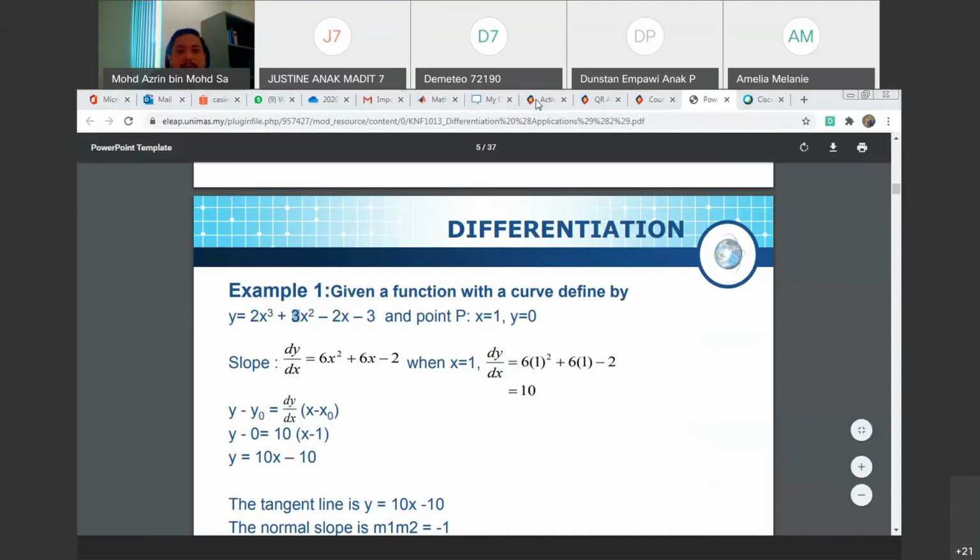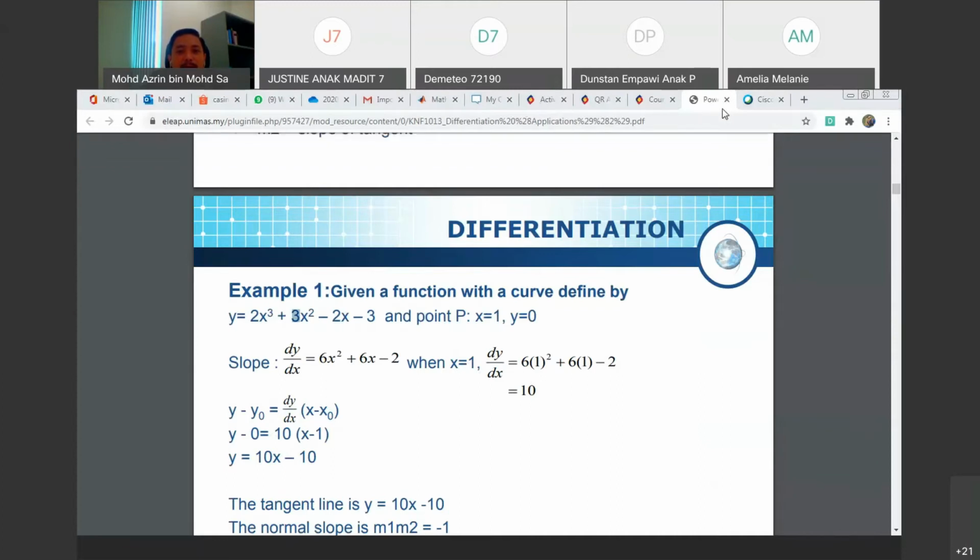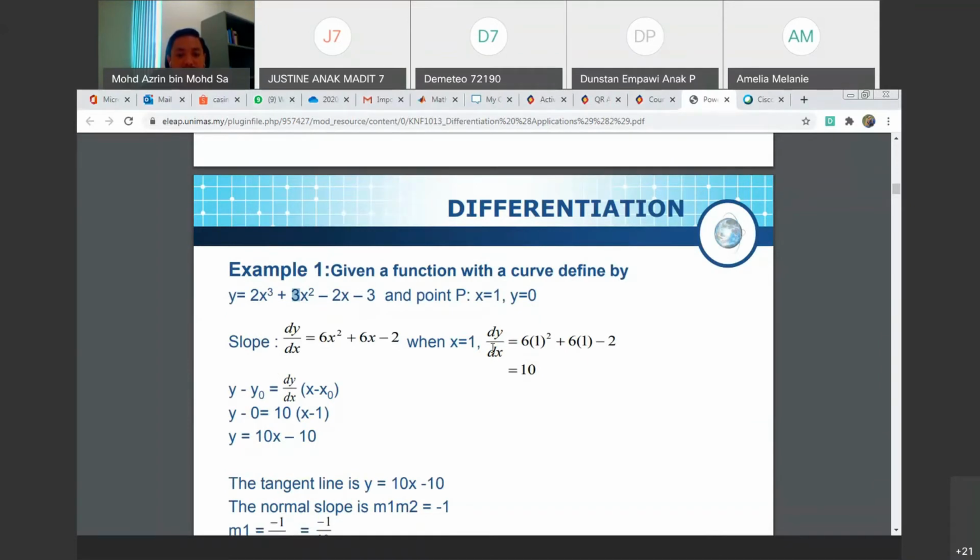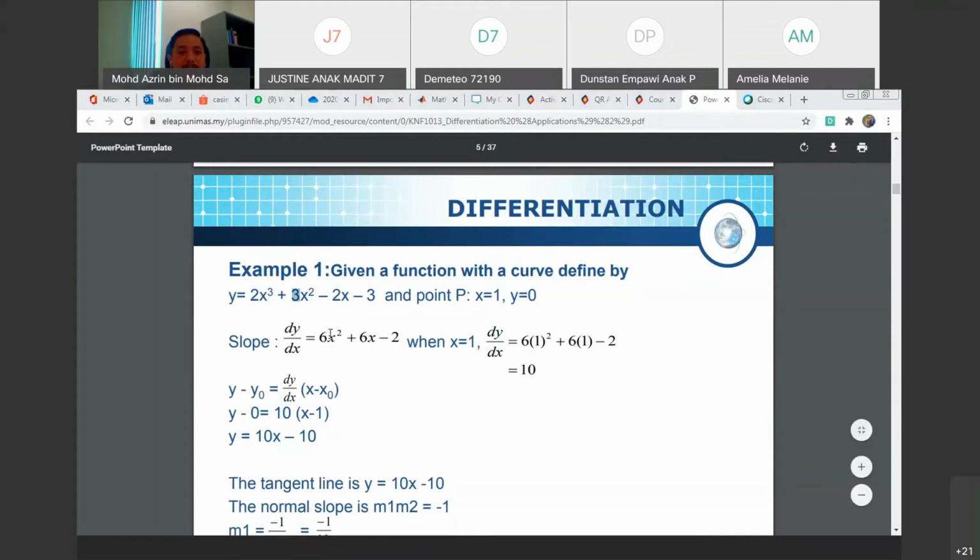So when x equal to 1, you will get the slope dy/dx. If you remember the normal line equation, y equal to mx, here m is actually dy/dx, the slope from this equation.